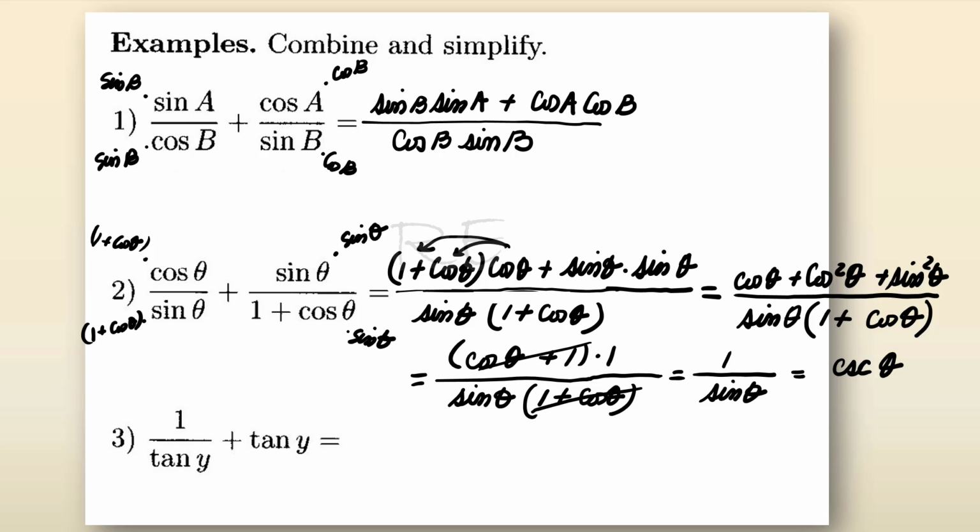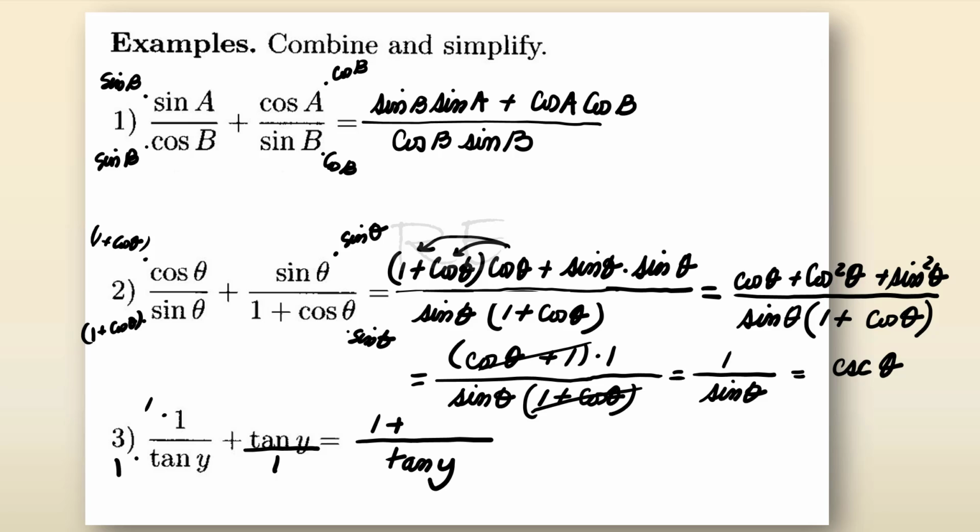Tangent y is really tangent y over 1. So the common denominator is tan y. The first one will stay the way it is. We multiply it by 1 over 1.